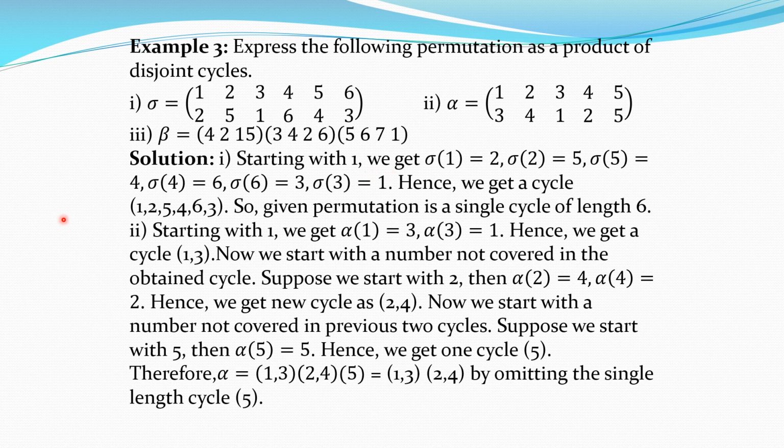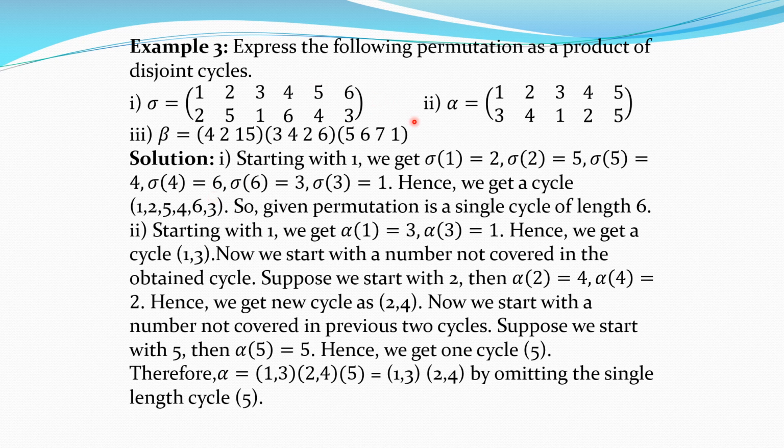Image of 2 is 5, so 2, 5. Image of 5 is 4, so after 5 we write 4. Image of 4 is 6, so 4, 6. Image of 6 is 3, so 6, 3. And sigma of 3 is 1, which is the starting element. So it is (1, 2, 5, 4, 6, 3). So the given permutation is a single cycle of length 6.